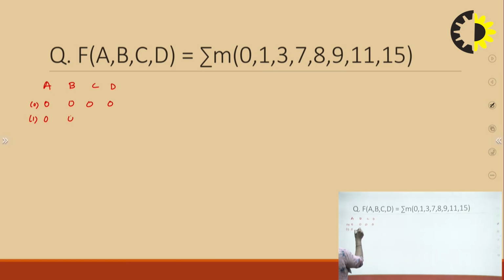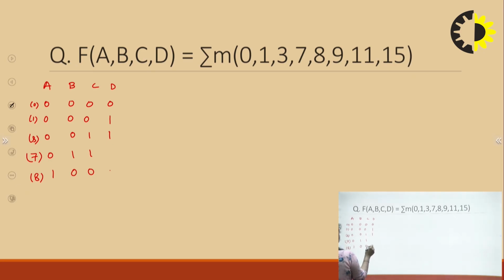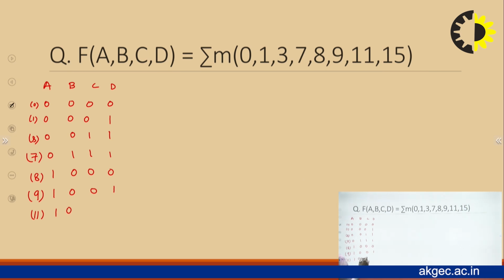Then 1 is 0, 0, 0, 1, then 3 is 0, 0, 1, 1, then for 7 it is 0, 1, 1, 1, then for 8 it is 1, 0, 0, 0, then for 9 it is 1, 0, 0, 1, for 11 it is 1, 0, 1, 1.